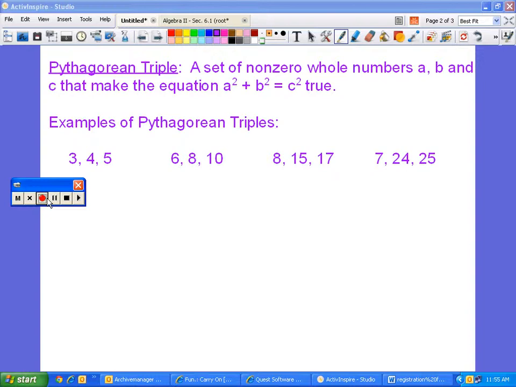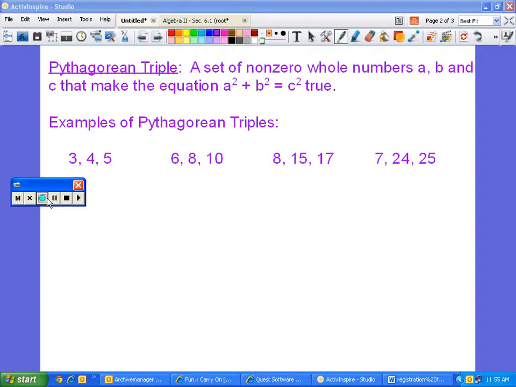But if you recognize that 3, 4, 5 is one of the Pythagorean triples, and you're told that 2 of the sides are 3 and 4, you automatically know that the third side is 5. And you don't have to go through the whole Pythagorean theorem process and then solving and taking the square root.